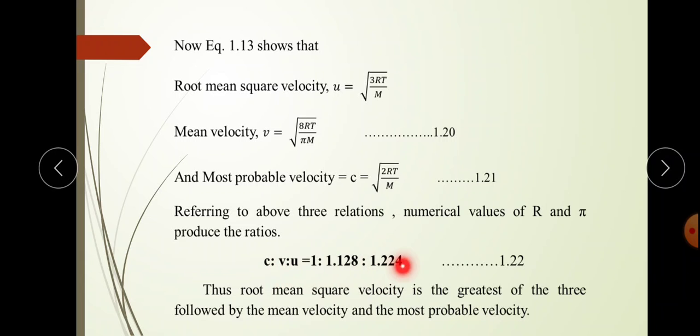So this is the relation between the most probable velocity, mean velocity and root mean square velocity. Thus root mean square velocity is the greatest of the three, followed by the mean velocity and then the most probable velocity.